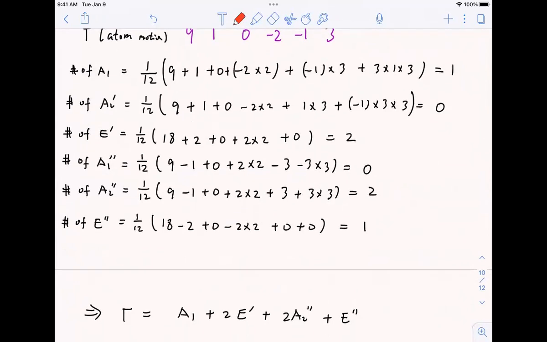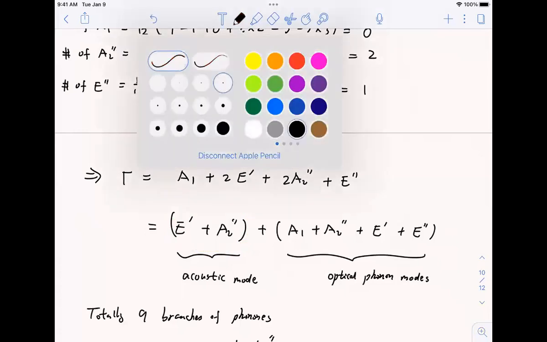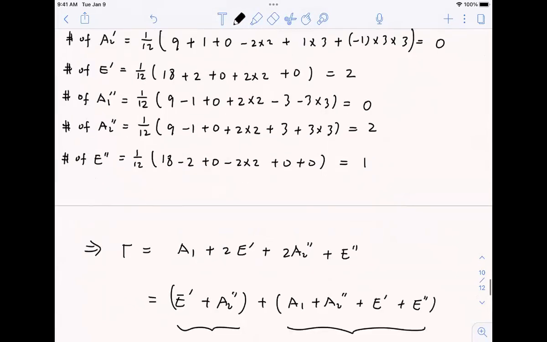A1, E2 prime. This is 2. This is 1. Okay, so that's also right. By the way, there's a prime here. I forgot.